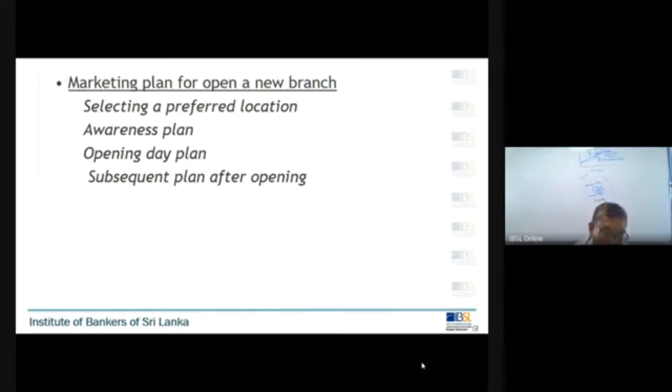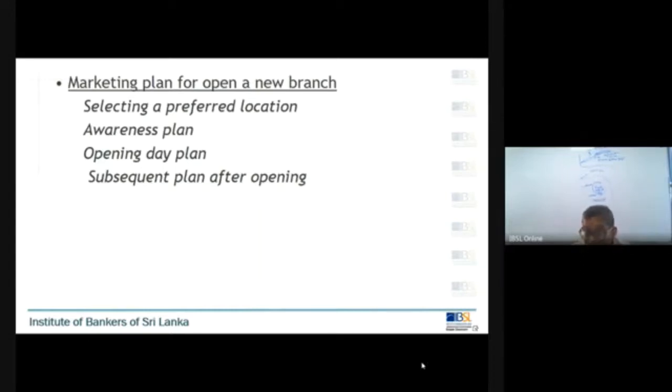In English, how do you call it? Right? You need to carry out a feasibility study. What is that? Feasibility study. When you come to selecting a preferred location, first you need to carry out a feasibility study on the requirement to open a branch in that selected area.